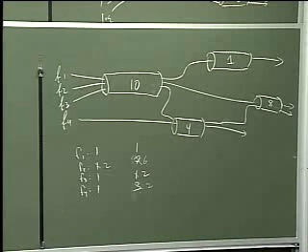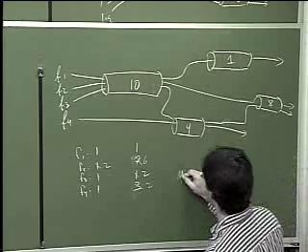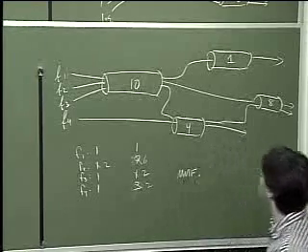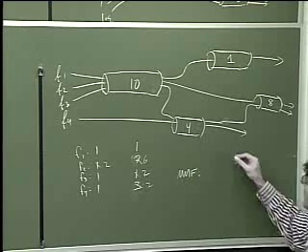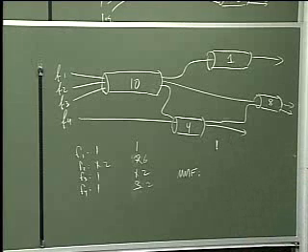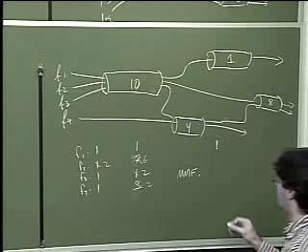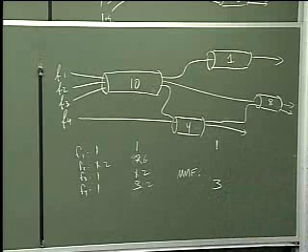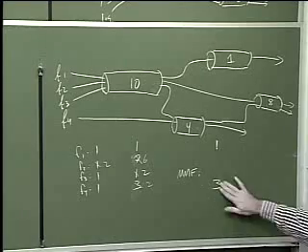Okay. So what is the maximum fair allocation for this? It's going to be F1 is going to get 1. F4 is going to get 3. F3 is going to get, wait. F4 is going to get 2.